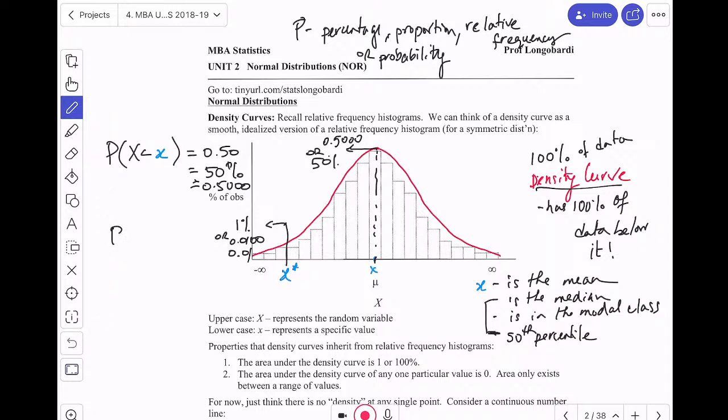So we would write the proportion of values under the curve smaller than x star is 0.01. Or 1%. Or 0.0100. And we called blue x the 50th percentile. What do we call x star?